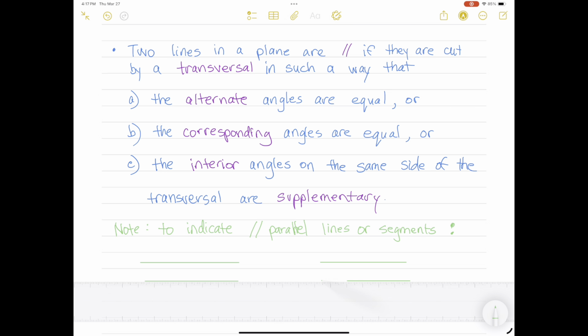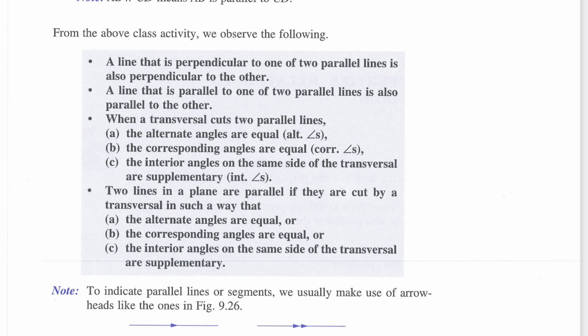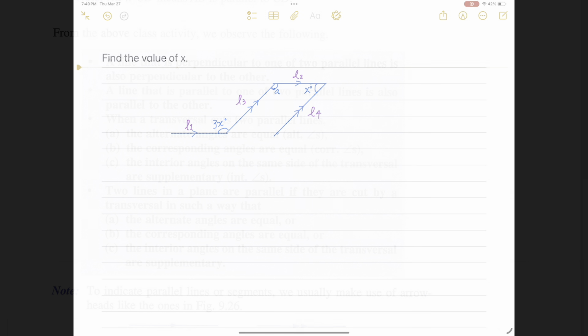Please note that when we indicate parallel lines or segments on a figure, we usually make use of arrowheads like these ones. As you work through the problem sets coming up, you can refer to the summary of axioms, postulates, and theorems on page 246.